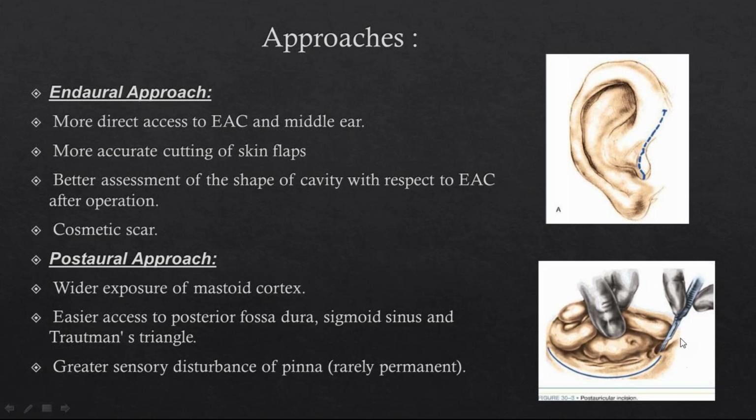Whereas the post-oral approach or the William Wild's approach, a curvilinear incision, roughly 0.5 to 1 centimeter behind the post-auricular groove, starting from the upper attachment of the pinna till the mastoid tip. So here the wider exposure of mastoid cortex. Once you join the two incisions, then there is an endoral retractor.